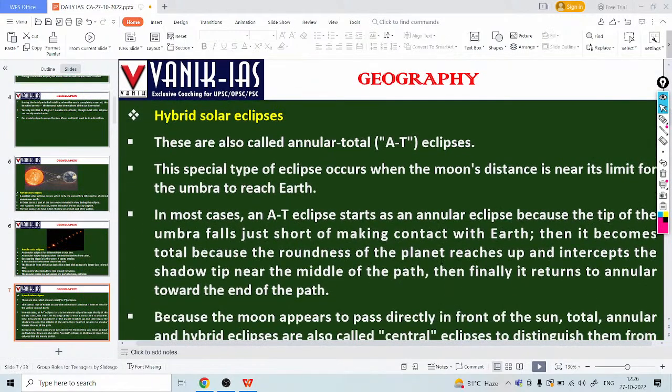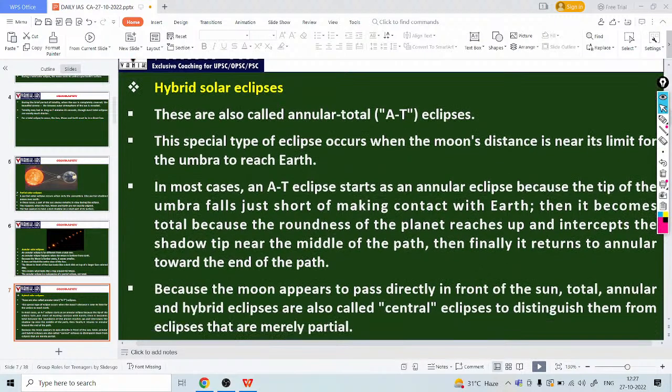Okay. Then hybrid one. These are also called annular total eclipses. This special type of eclipse occurs when the moon's distance is near its limit for the umbra to reach Earth. It is called a hybrid solar eclipse.